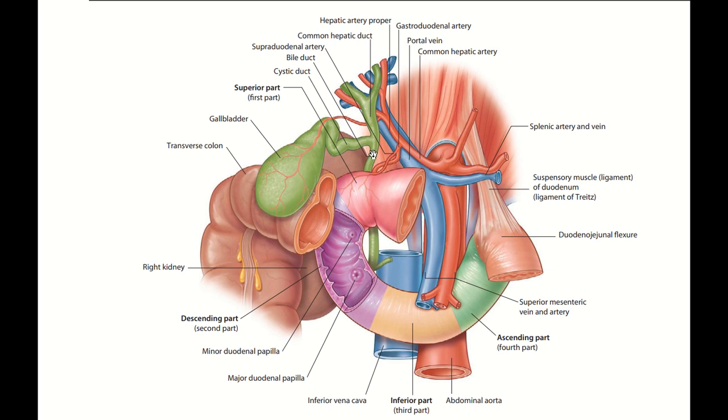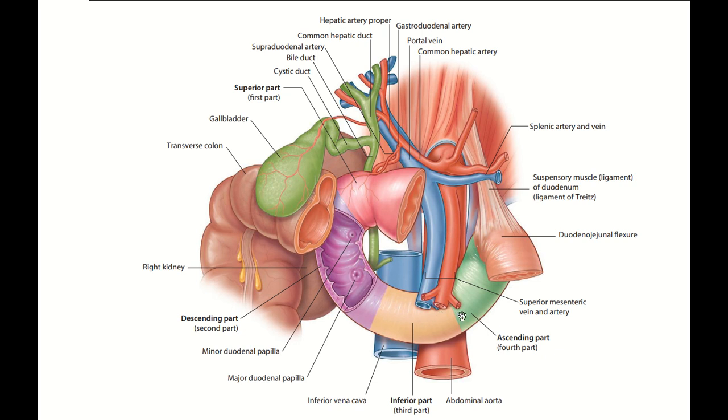The bile duct travels through the groove of the head of the pancreas, meets the main pancreatic duct, and then drains into the duodenum via the major duodenal papilla.